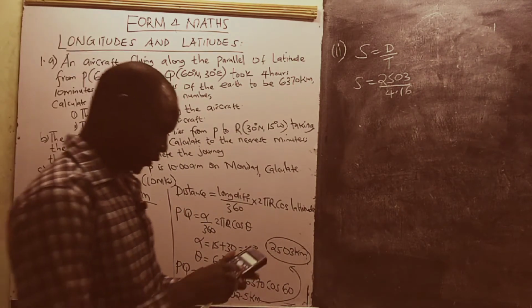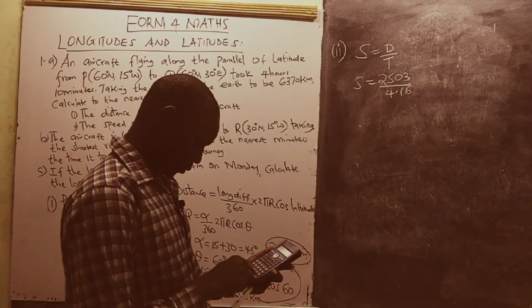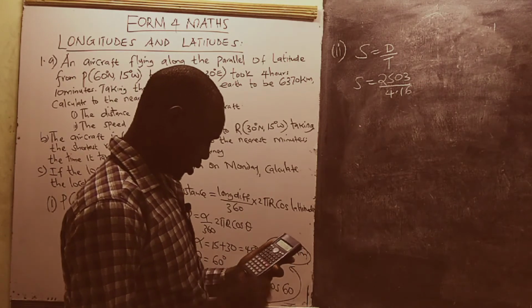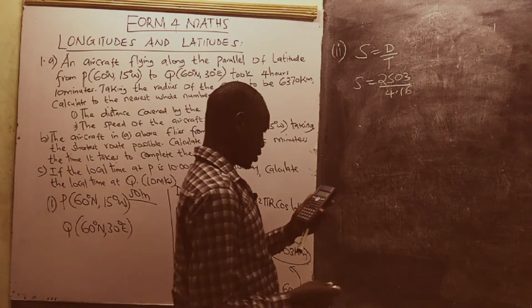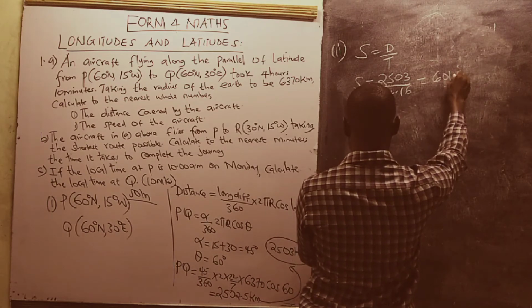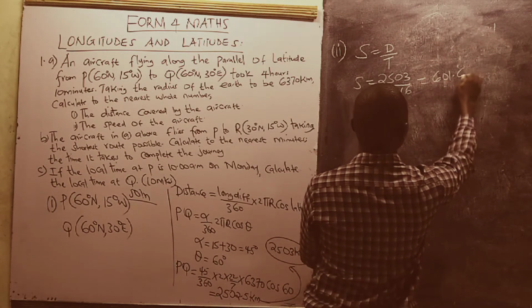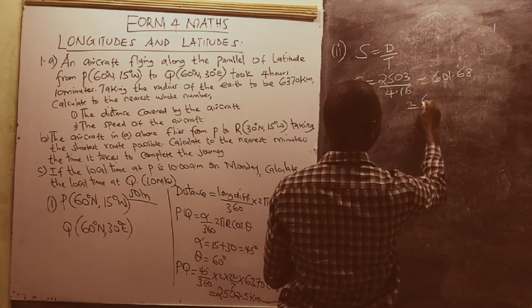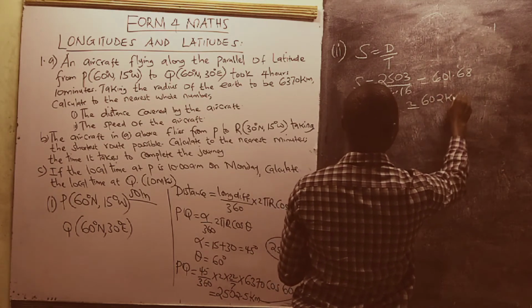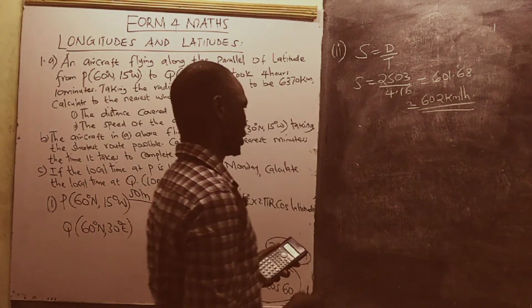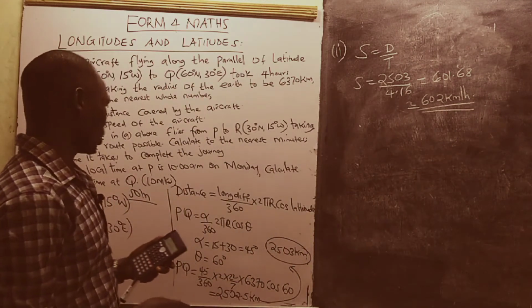If you take 2503 divided by 4.16, it gives us 601.68, but to the nearest whole number this is approximately 602 kilometers per hour, and that is the speed of the aircraft. Part A has been solved.